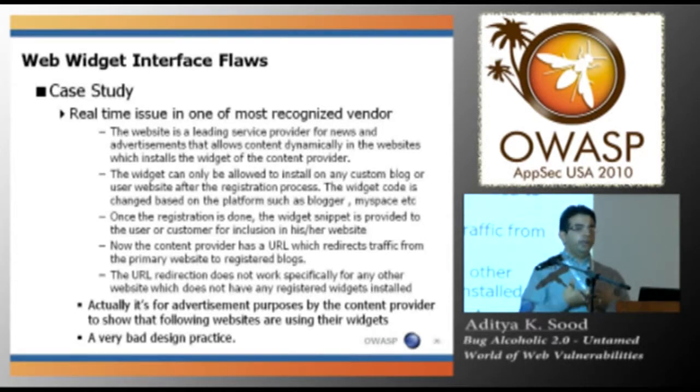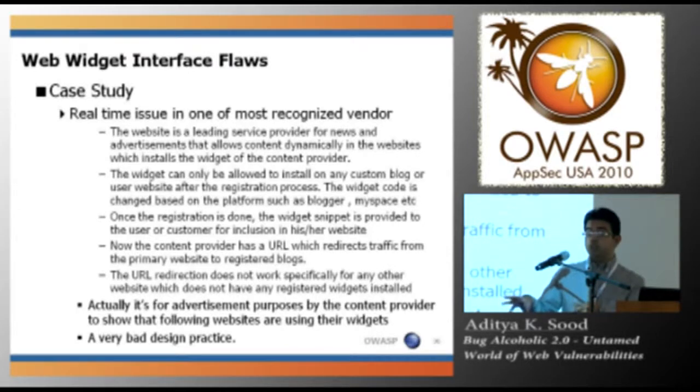So Outbrain gives you the widget for advertisement purposes. You include that widget in your blogspot, right? They think this is a good design practice. You get registered, and they use a redirection from their website for the registered users.